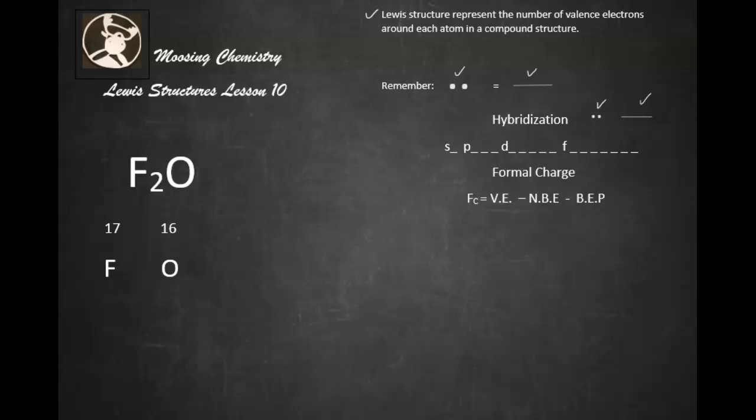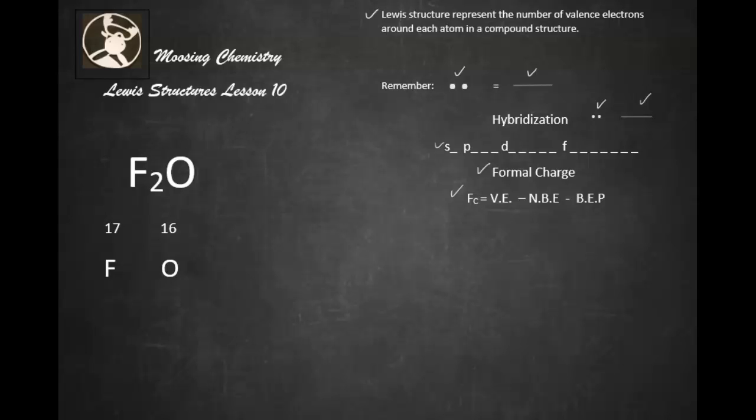Also, when you do hybridization, don't forget that S has 1, P has 3, D has 5, and F has 7. Okay, and when you want to know that the structure is the best possible structure, use formal charge. Formal charge is FC equals VE minus NBE minus BEP. Valence electrons minus non-bonding electrons minus bonding electron pairs.